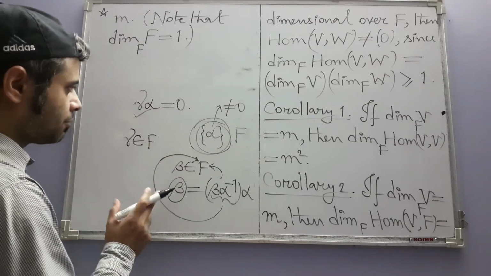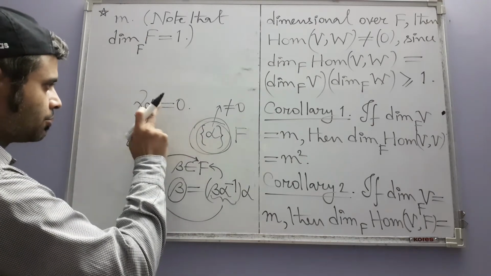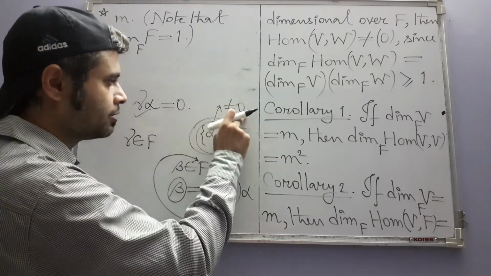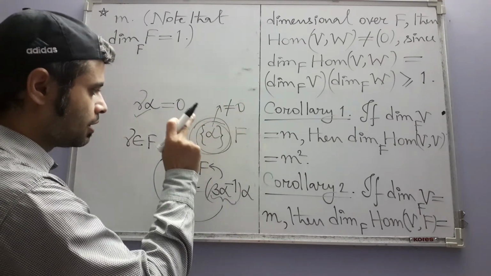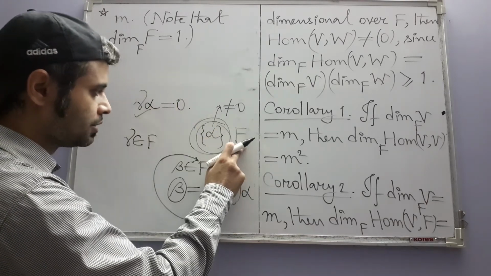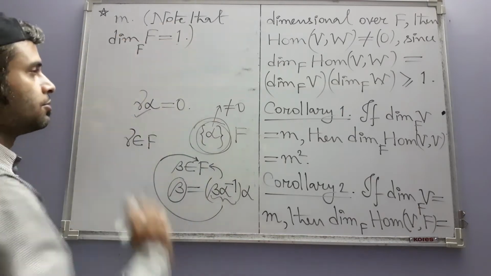That comes from the fact that if you choose gamma to be non-zero, then you can multiply on both sides by gamma inverse, giving you alpha equal to 0, which will contradict this. So this is linearly independent, this spans F, so this is a basis for F. And because this set is a singleton set, the dimension is 1.